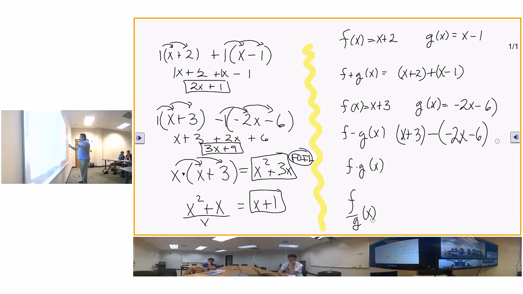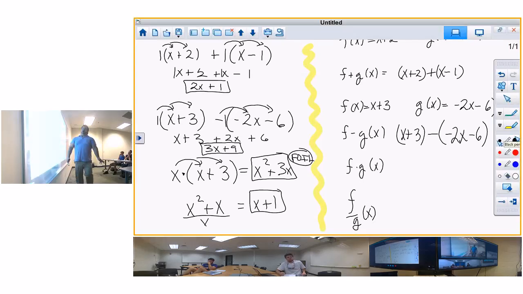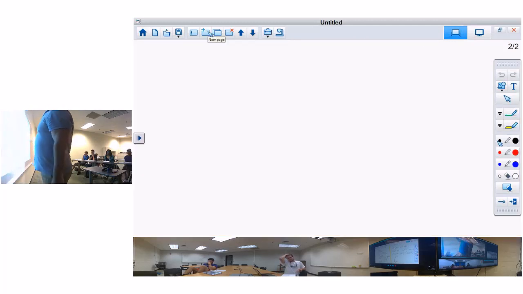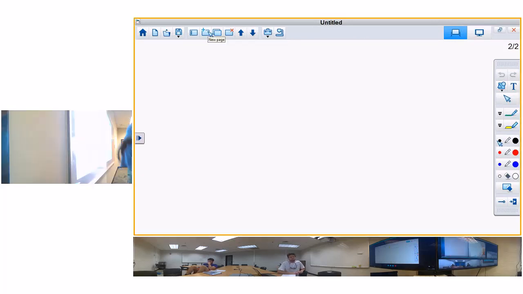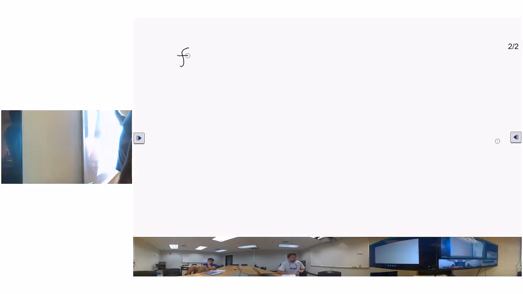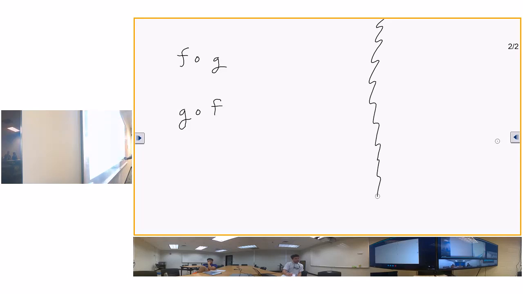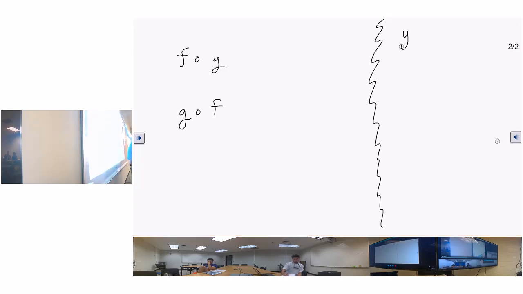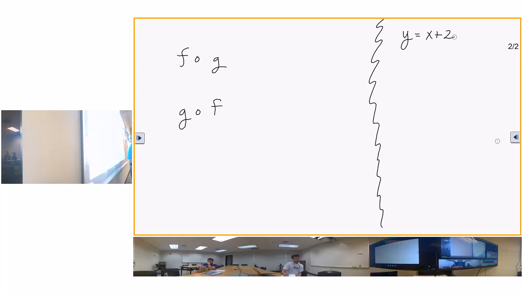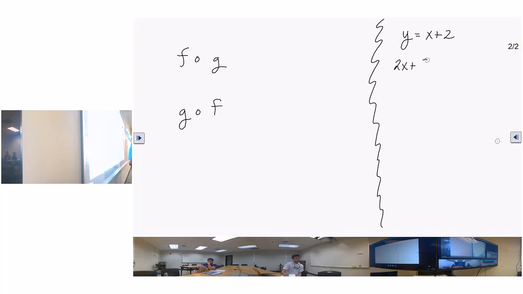But I'm going to go over f of g and g of f, because you probably get confused with those: f composed of g and g composed of f. Back a long time ago, in algebra 1 or 2, you did y is equal to x plus 2 and 2x plus 3y is equal to 6.